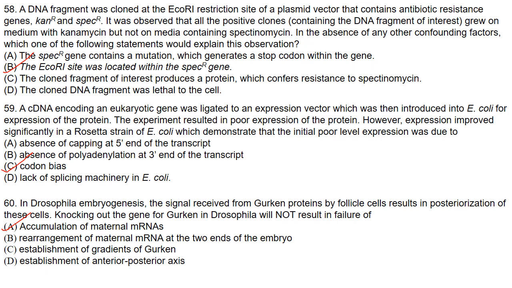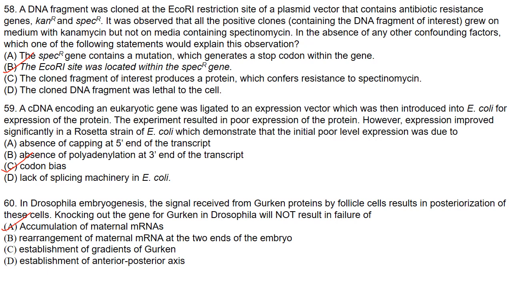So if one particular amino acid is coded by 6 different codons, the organism will have a bias towards using only one codon and not the others. That is called codon bias. Now, the initial poor level of expression in the first strain was because of codon bias.